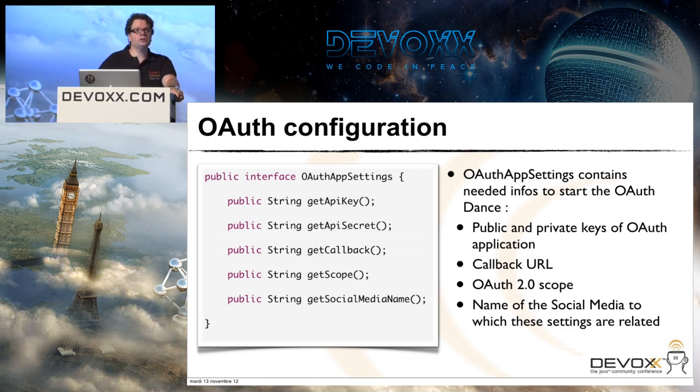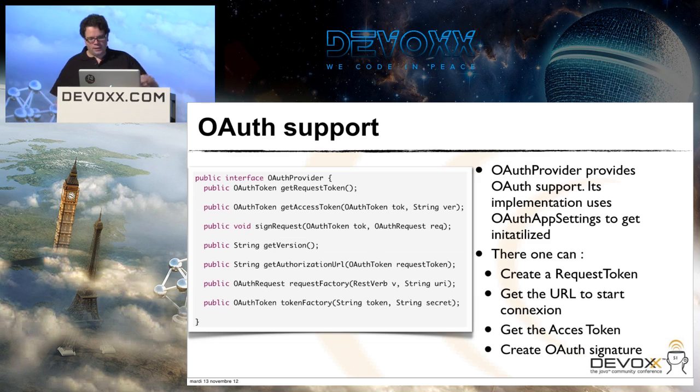For instance, on Facebook, you can ask whether your application can access your friends or not, things like that. And it will contain the name of the social media that it is related to, because in an application we can have many host app settings. We have to be sure what social media it is related to, because it doesn't make any sense to use Twitter app settings on Facebook, for instance.